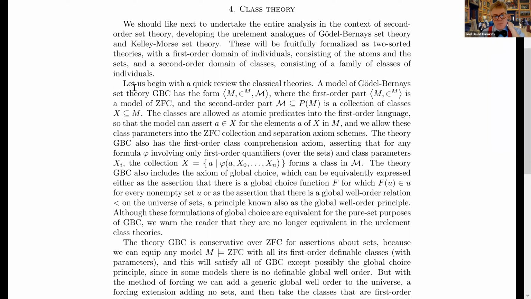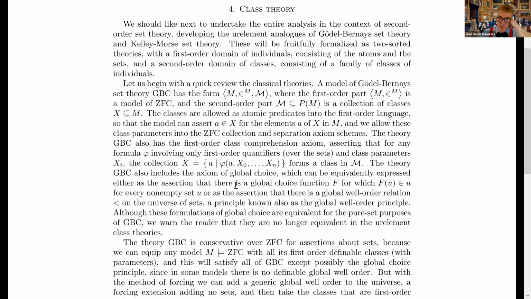The difference between GBC and KM is that in GBC, the sets form a model of ZFC, including allowing class parameters in the collection and separation schemes. But we only have class comprehension for first order definitions. So if phi has only first order quantifiers, then in Gödel-Bernays we're allowed to form this class. But in Kelley-Morse, we allow second order quantifiers in this phi, so second order class comprehension.